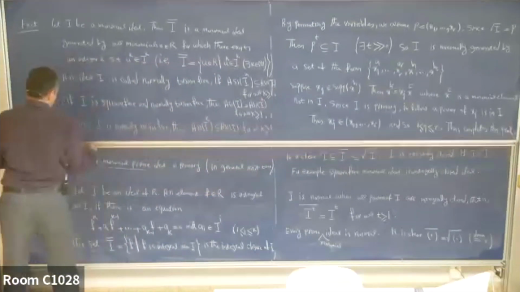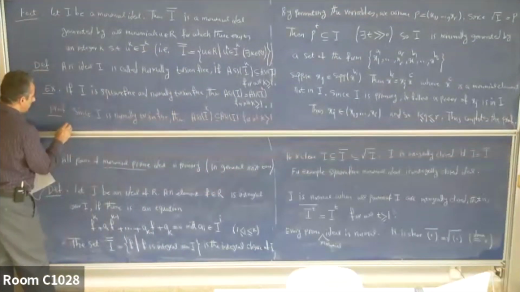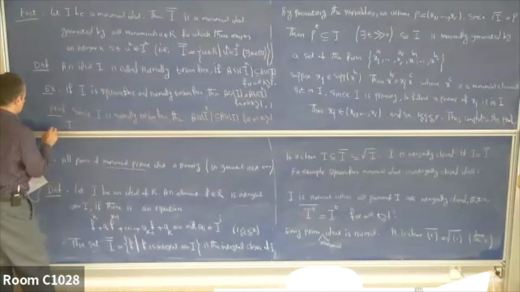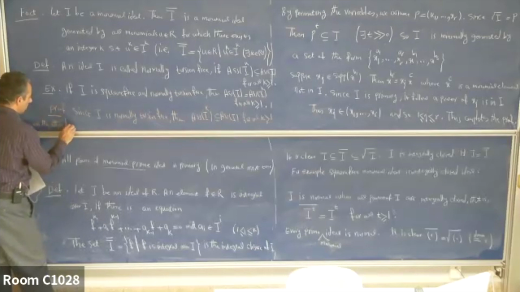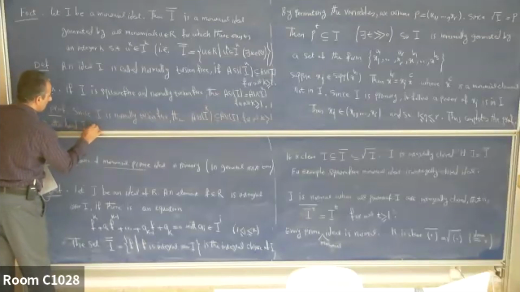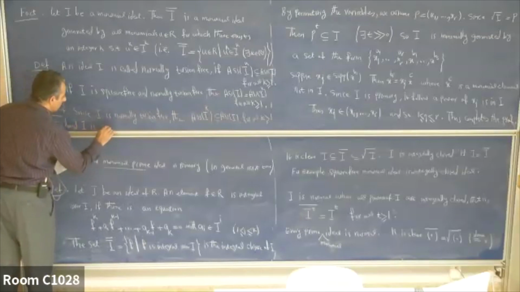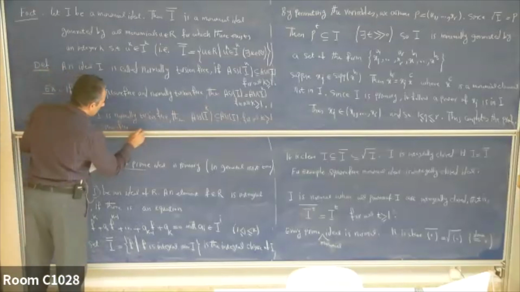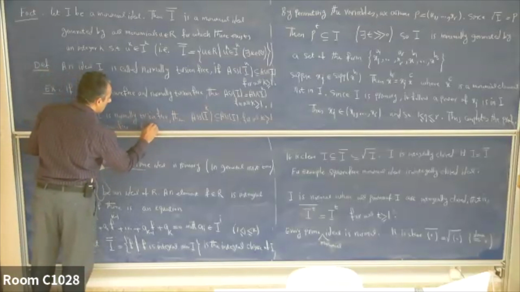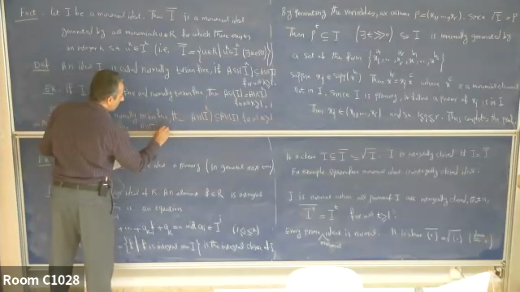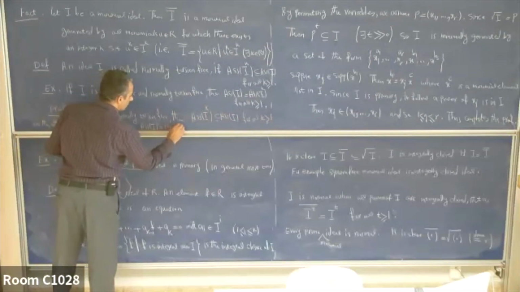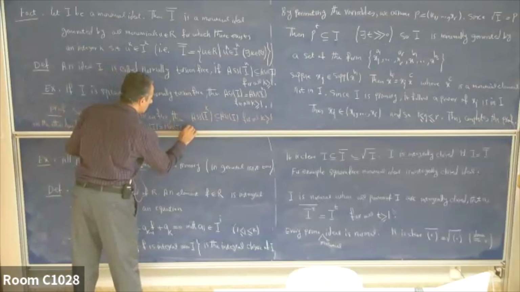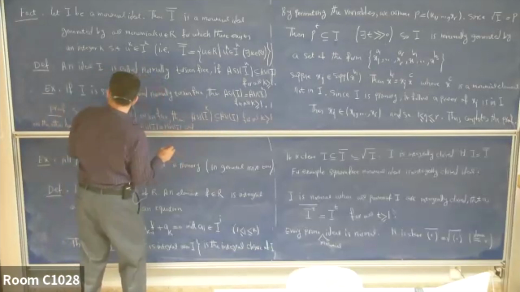On the other hand, I is square free, then Ass(I) is equal to Min(I).